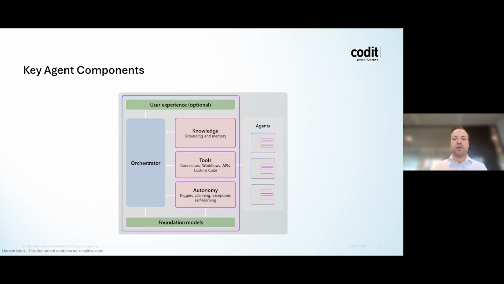It has its foundational knowledge, it has its grounding knowledge, it has some memory from other iterations, but it also needs to be able to do things. And that's where tools come in. Those are the components that your agent can then leverage to accomplish certain tasks. It can be Logic Apps connectors, custom code, different workflows, or even APIs.